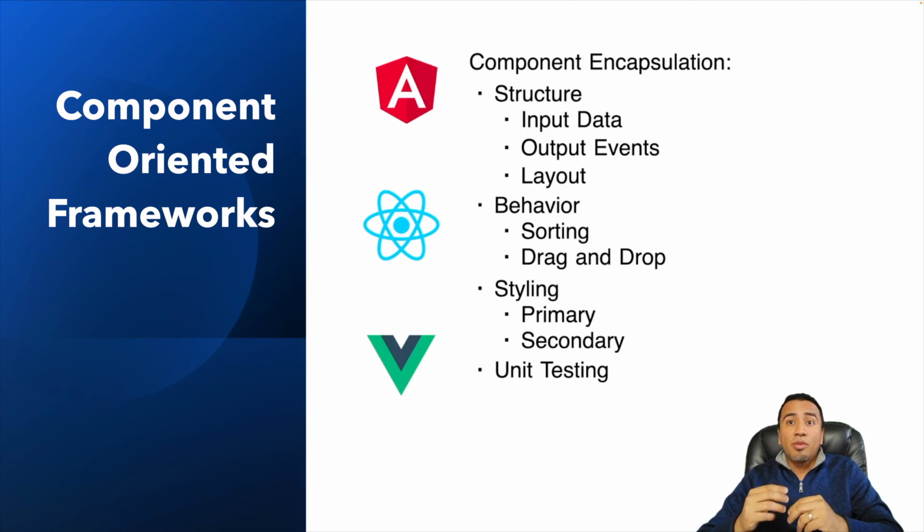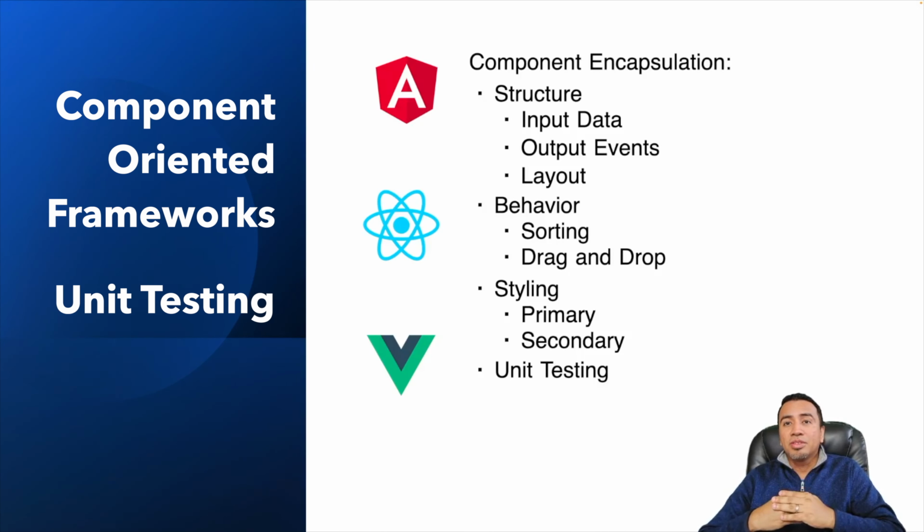If I'm looking for some specific styling for a button, for example, you just have to go to that specific generic component and make your changes in that component, and it will get replicated to the rest of the application. Unit testing. One of the great benefits of using generic components is code reusability.